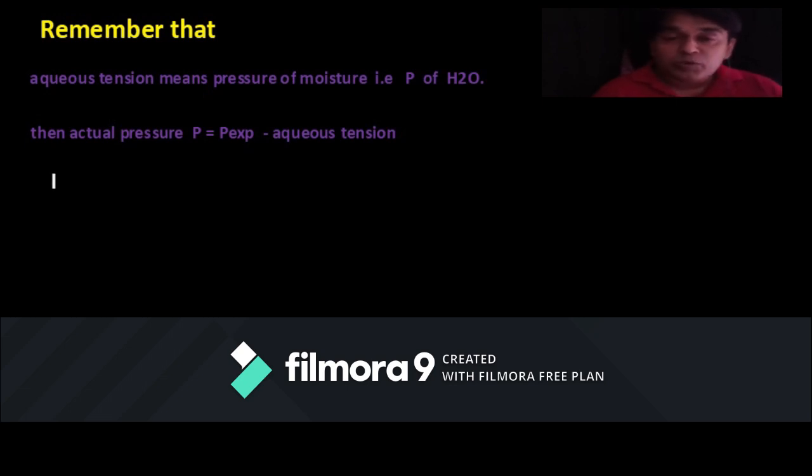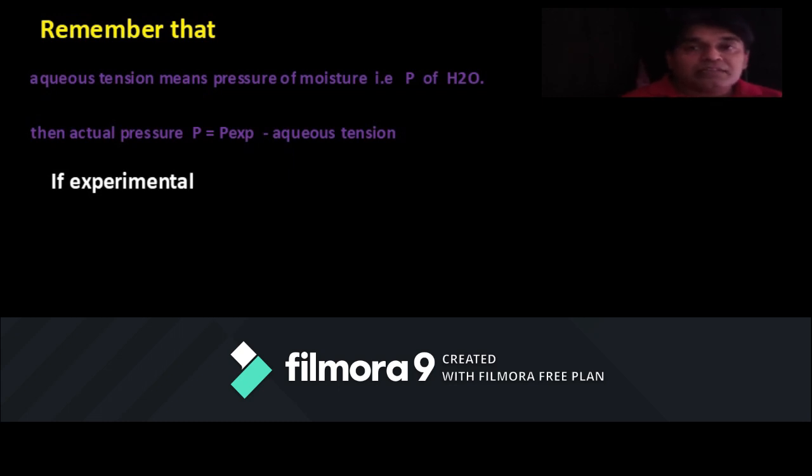And such volatile water affects the measurement of the pressure by the experimenter. Therefore, the actual pressure of the gas is equal to the pressure measured by experiment minus the pressure of the water, that is aqueous tension.